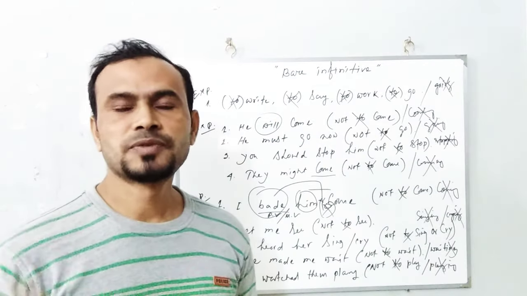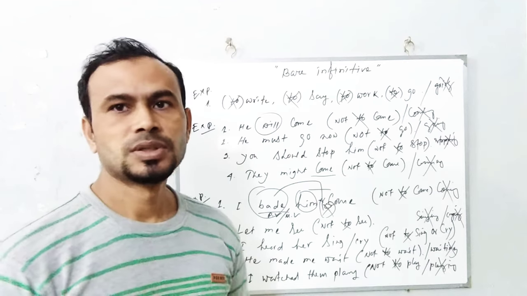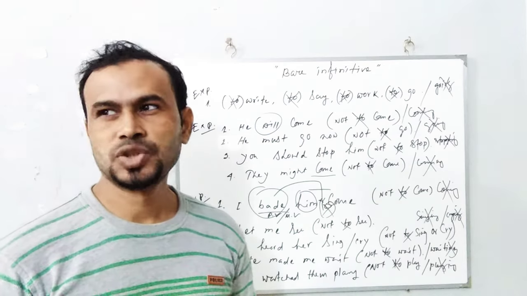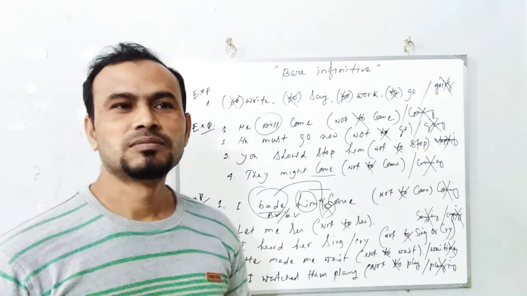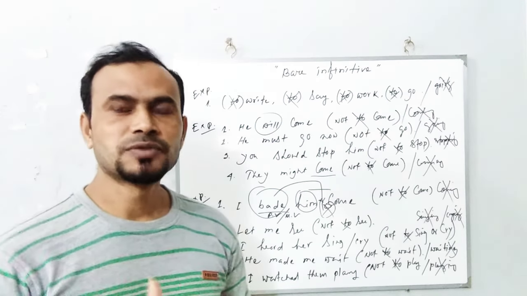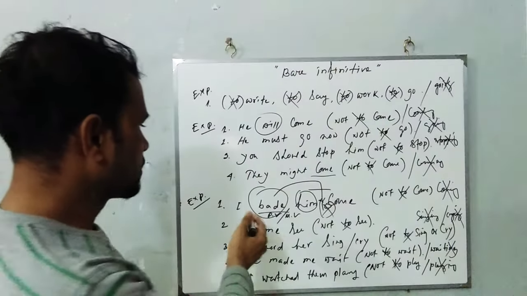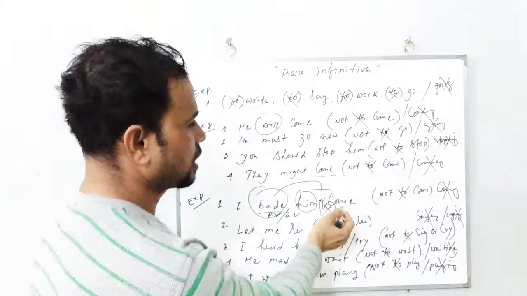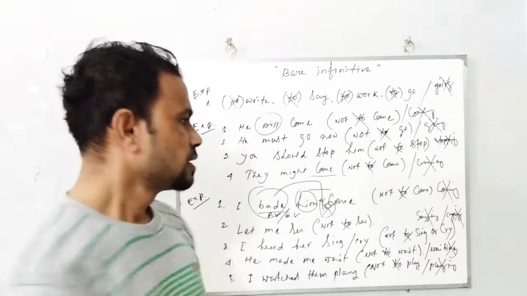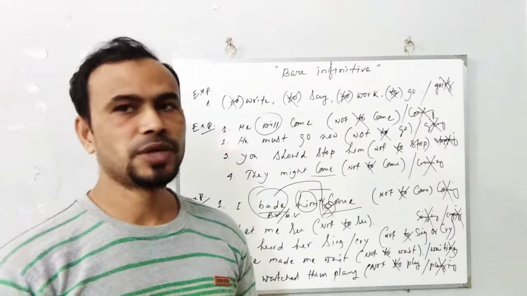Personal object comes from personal pronouns: I, you, she, he, they are personal pronouns. So, my friends, you can see: not "I bade him to come", but "I bade him come". So this is bare infinitive.